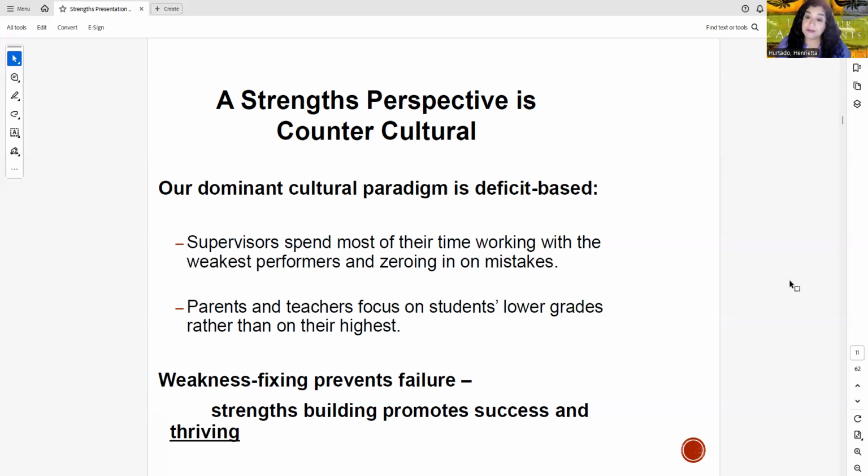Parents and teachers in general tend to focus on students' lower grades rather than on their highest, when in reality, focusing on the highest grades can also increase the grades that tend to be lower.